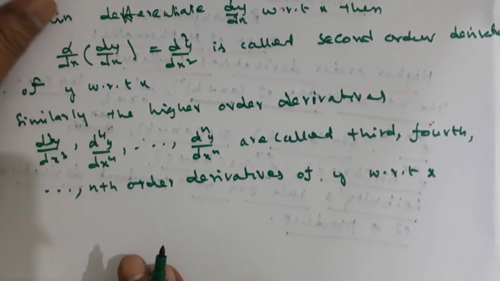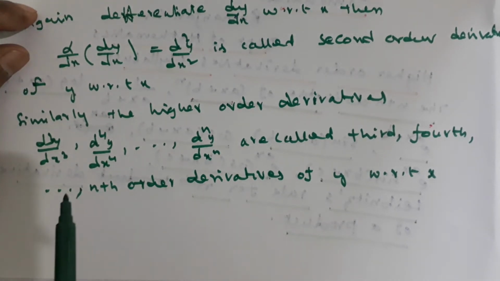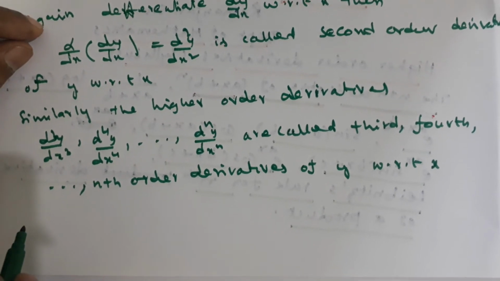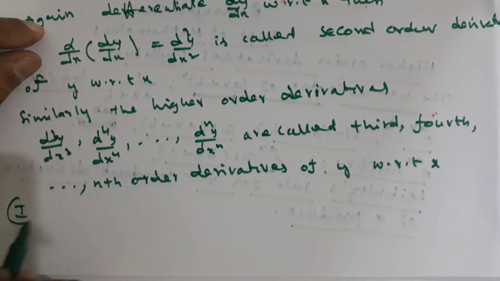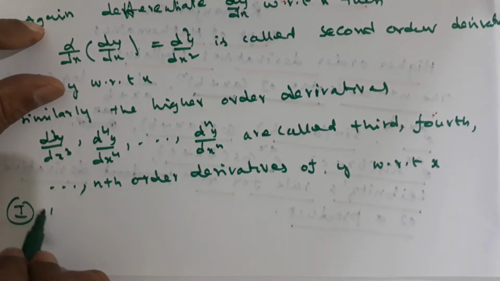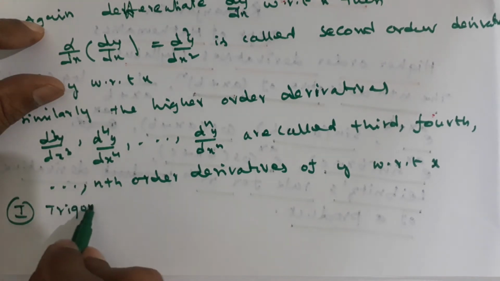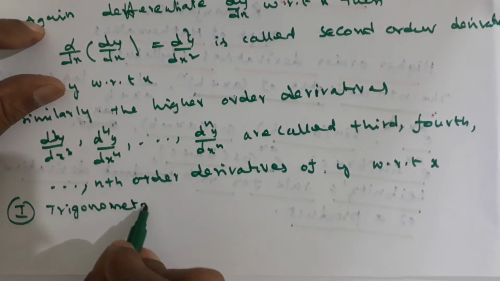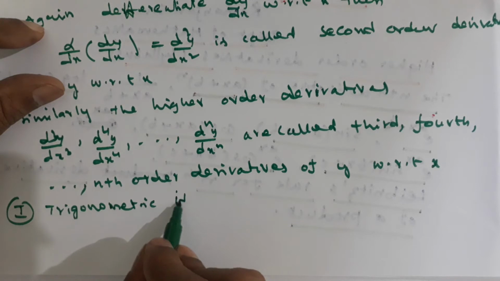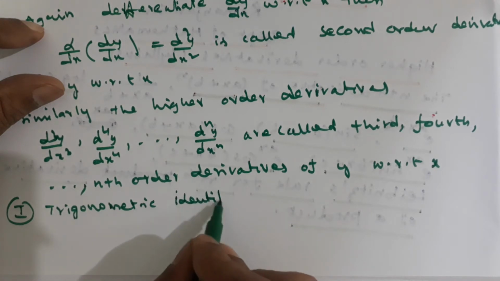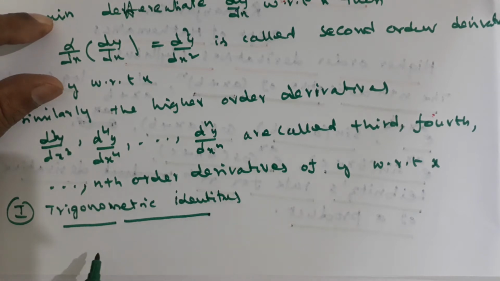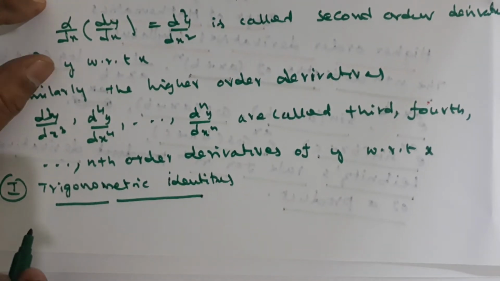Right. So before going to the higher order derivatives of y with respect to x, let us see a few trigonometric identities. These are all things we just have to recapitulate once again.